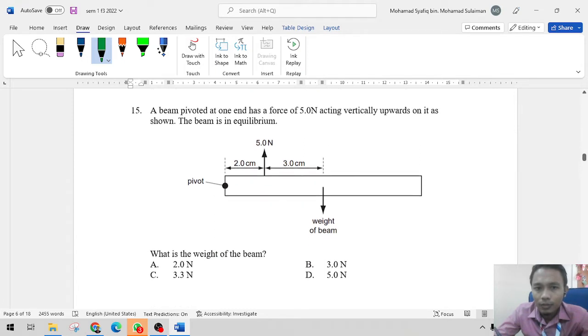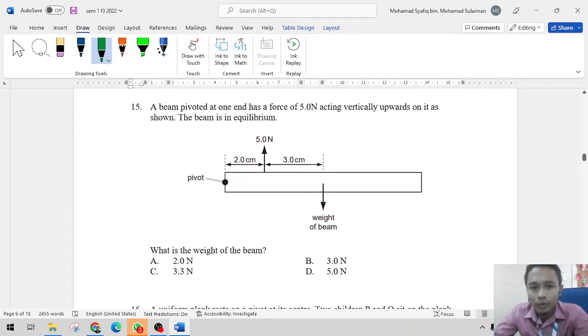So we have a beam with 5 Newton. We need to find the weight. As we can see, the 5 Newton force gives an anti-clockwise rotation, and the weight is clockwise.